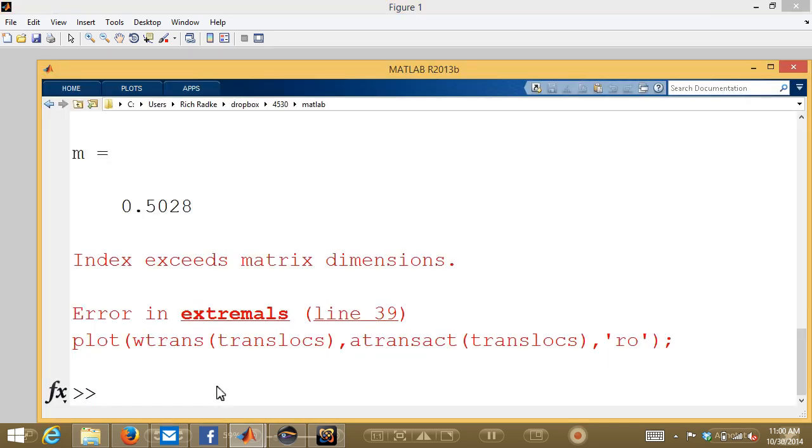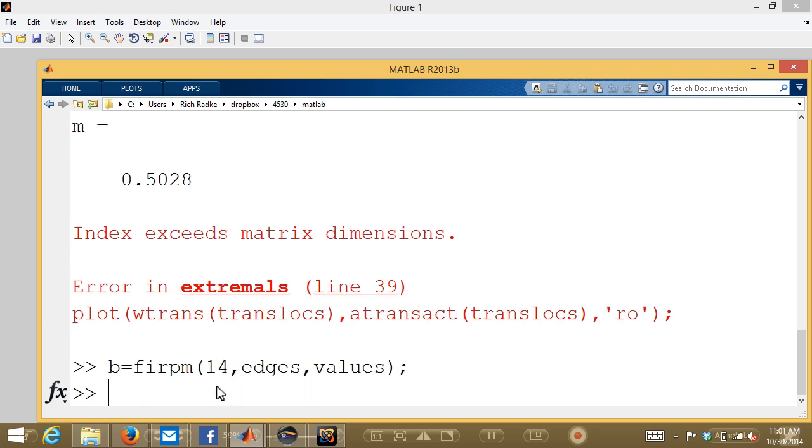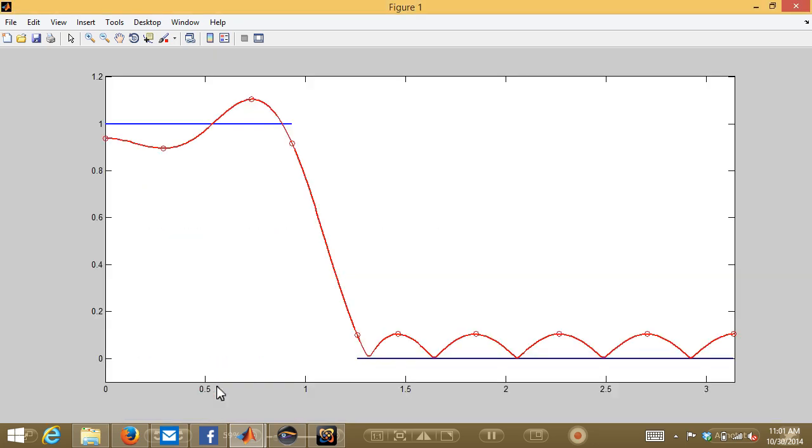Another one of these cases where it worked great at home. Maybe I was using a different filter length. Oh, I was using 14. Okay. So it worked for 14. It's still wrong. Why do I suck?